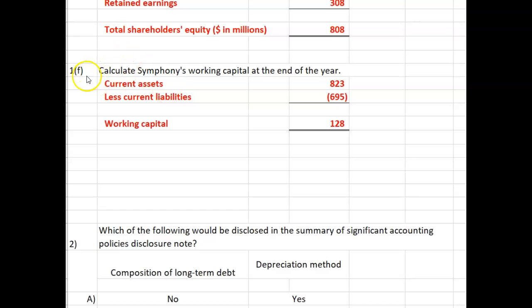In earlier question 1 pieces, we already calculated Symphony's current assets and current liabilities, so just subtract the two. Current assets of $823 million minus current liabilities of $695 million equals working capital of $128 million.